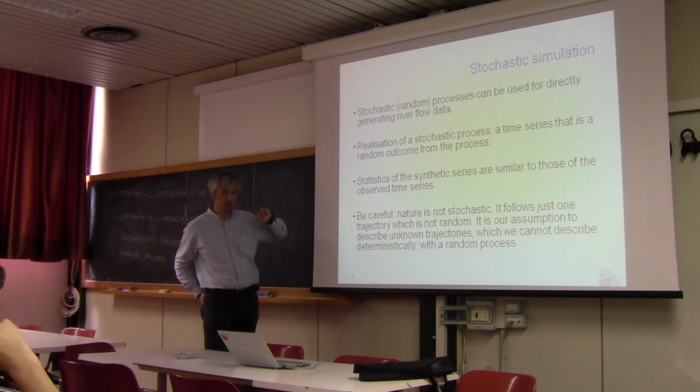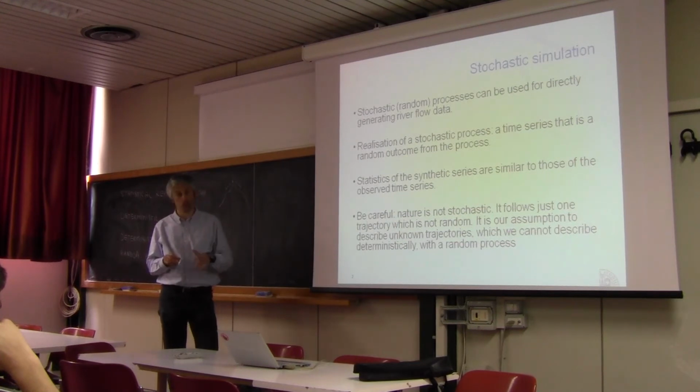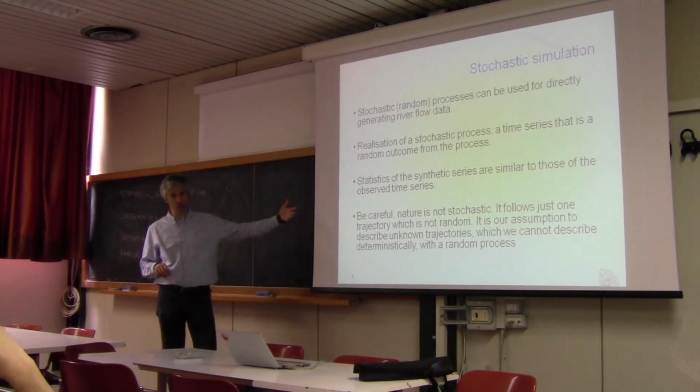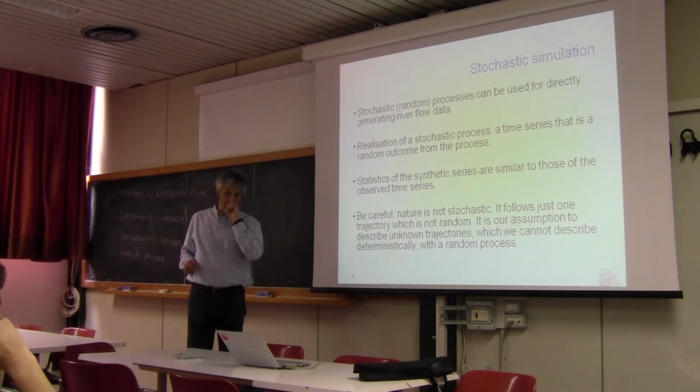Okay, now, be careful. Nature, what we observe, is not stochastic. This is quite a philosophical consideration. I make this consideration because I like it, but I won't ask you at the exam a definition like this. I just want to make you aware of the difference between what we observe and what we model.